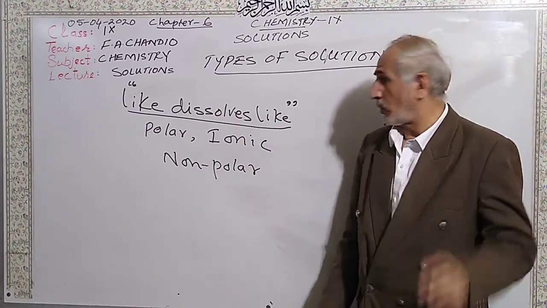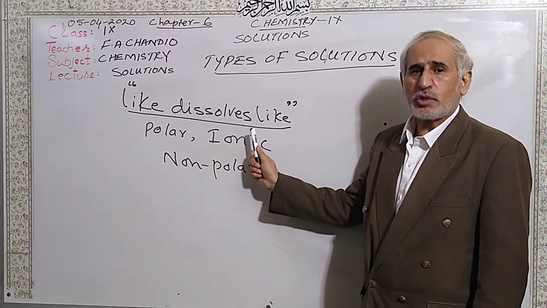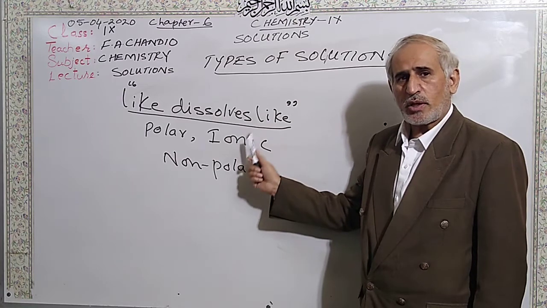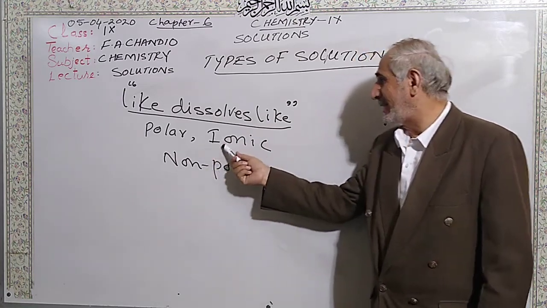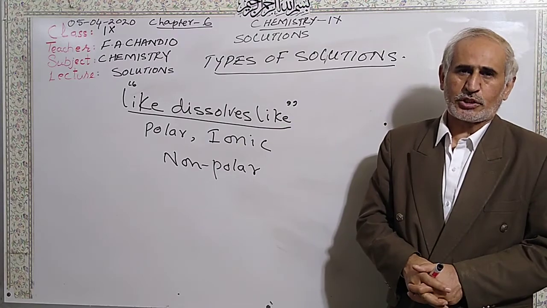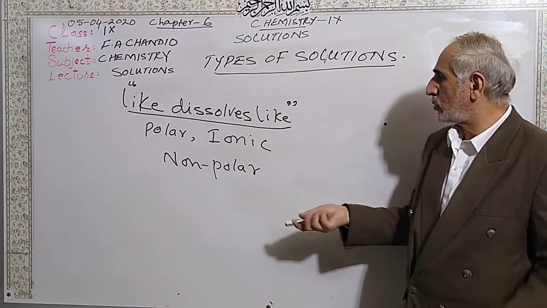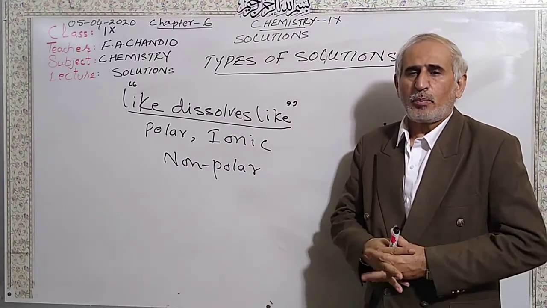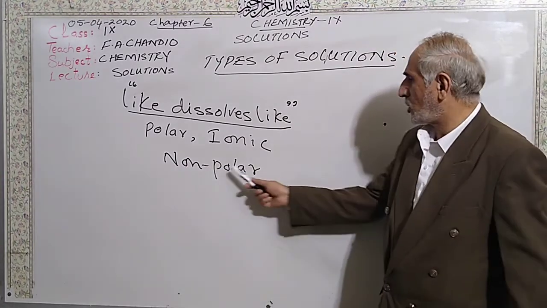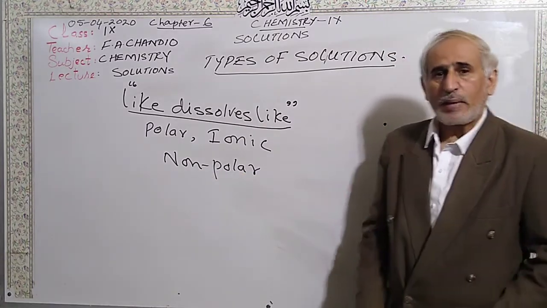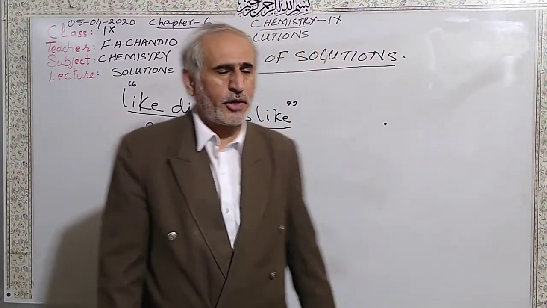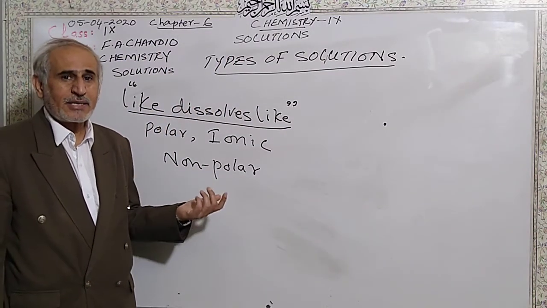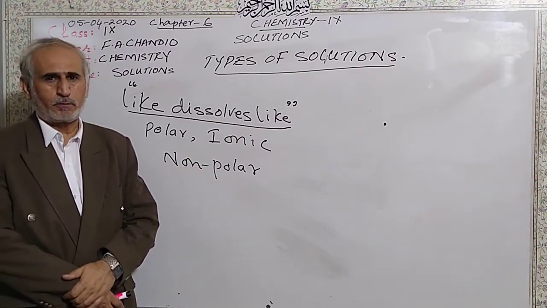I am talking about covalent compounds. Ionic compounds: sodium chloride, copper sulfate, potassium nitrate, sodium thiosulfate, potassium chloride. These are the ionic compounds. I am not going into detail for these. Non-polar compounds have no partial positive and partial negative charges. Benzene is a good example of non-polar compounds. Benzene, carbon tetrachloride, oils, grease, these are non-polar.